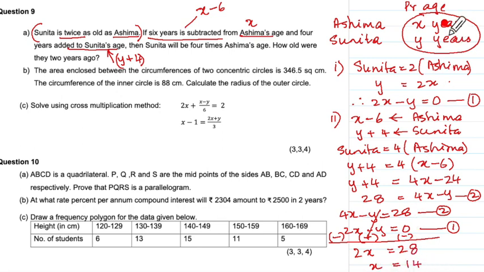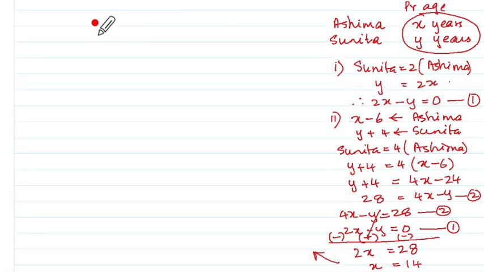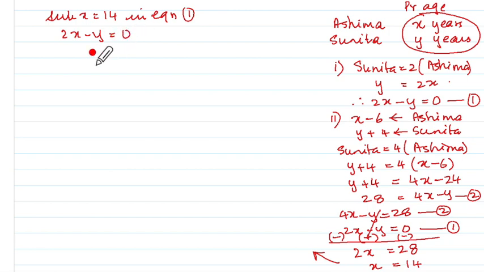What is x? It is Ashima's age, correct? Now let us start working this side. Now we will substitute x equal to 14 in equation, I think equation 1 is easier, right? So 2x minus y equal to 0.